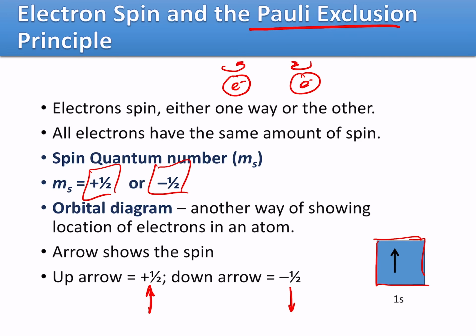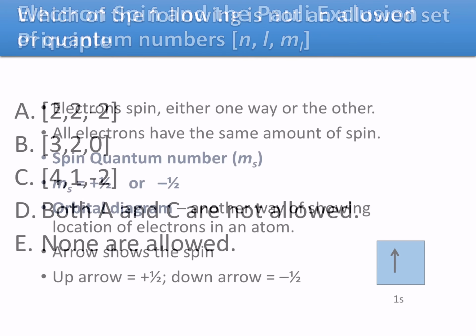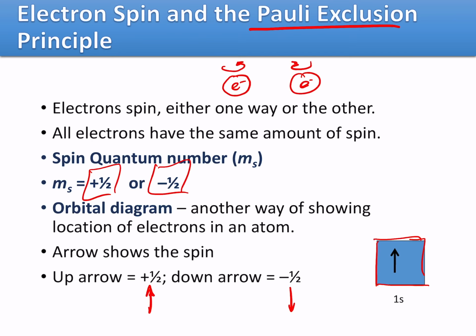The point is that two electrons cannot have the same quantum numbers. They must differ in at least one.